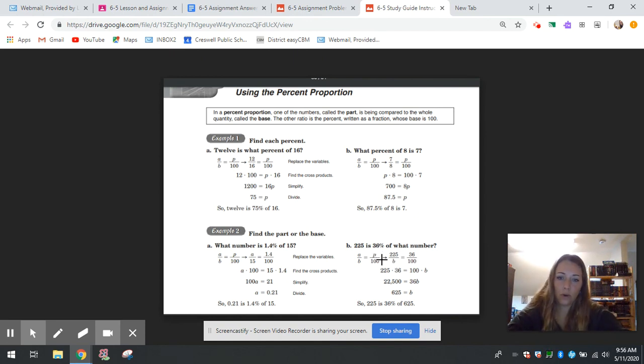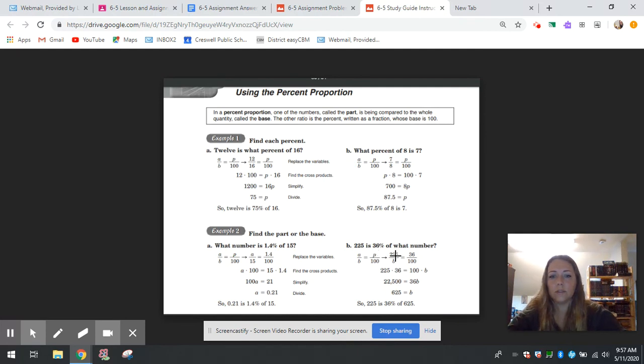And we go ahead and cross multiply. On one side, we have 100 times b. No, I'm sorry, I was speaking wrong. They kind of set this up funny, and I'm not sure why they did it this way.